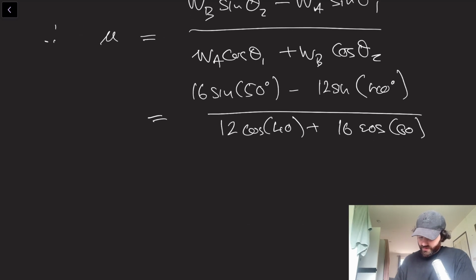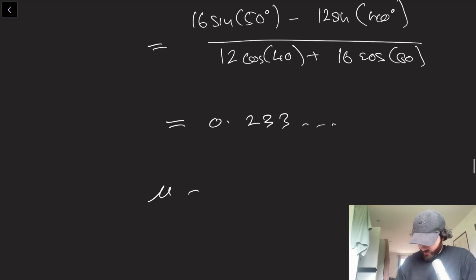And if you put all this stuff in, 16 sine 50 minus 12 sine 40 divided by 12 cos 40 plus 16 cos 50, you get 0.233. So mu equals 0.23 to, I don't know, two significant figures.